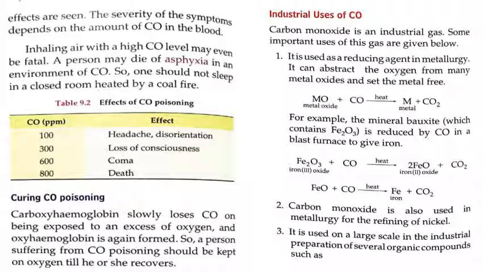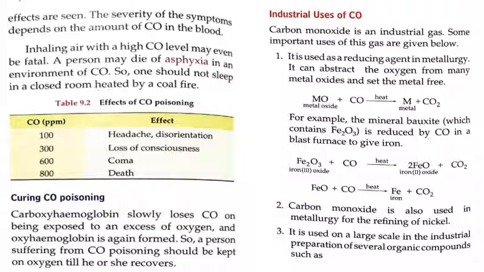For example, the mineral containing Fe2O3 is reduced by carbon monoxide in a blast furnace to give iron. So we have iron oxide, and it reacts with carbon monoxide. On heating, we get carbon dioxide.